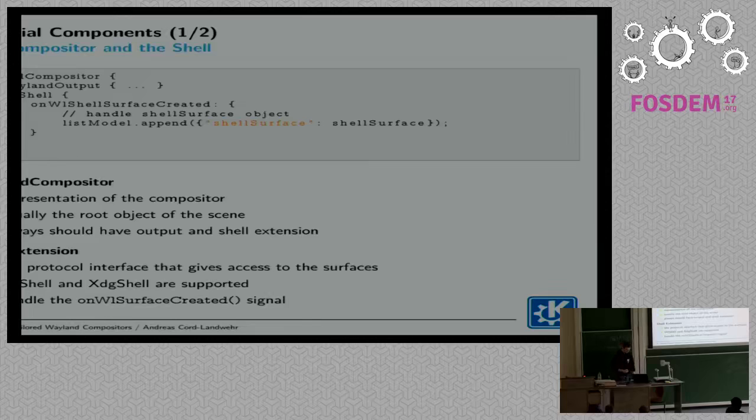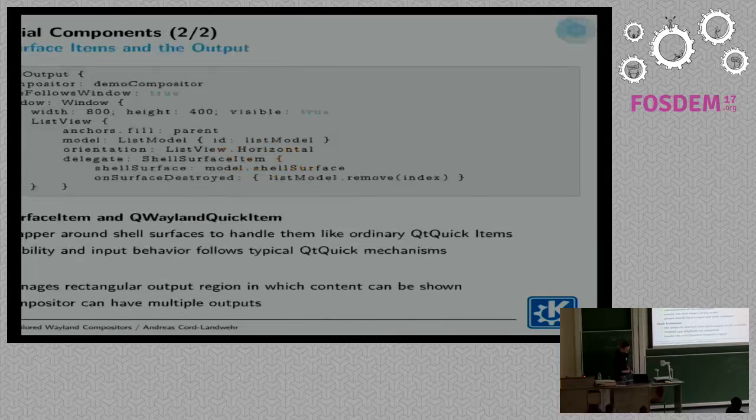Then we have the surface item and the QtWayland quick item, which are nice wrappers around the surfaces. So a surface is simply a field where you have some image data, and you want to put it on your screen. You put it into such a wrapper, and then you can use it exactly like a typical Qt Quick item.